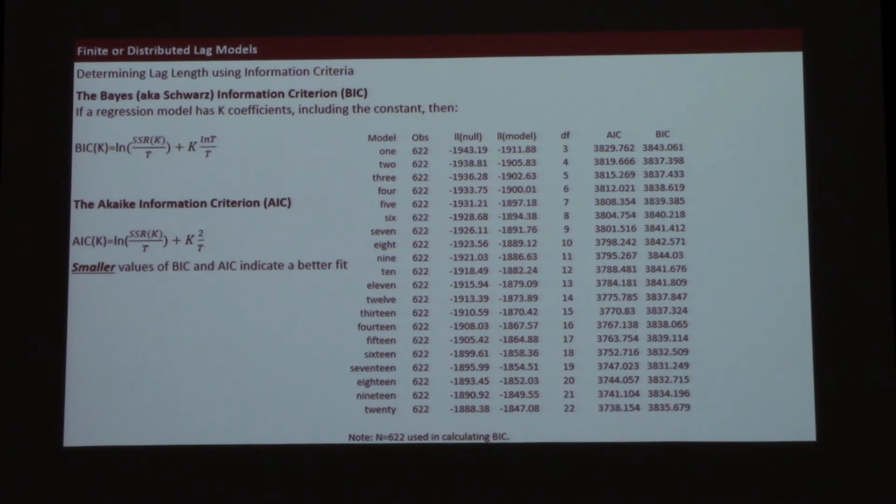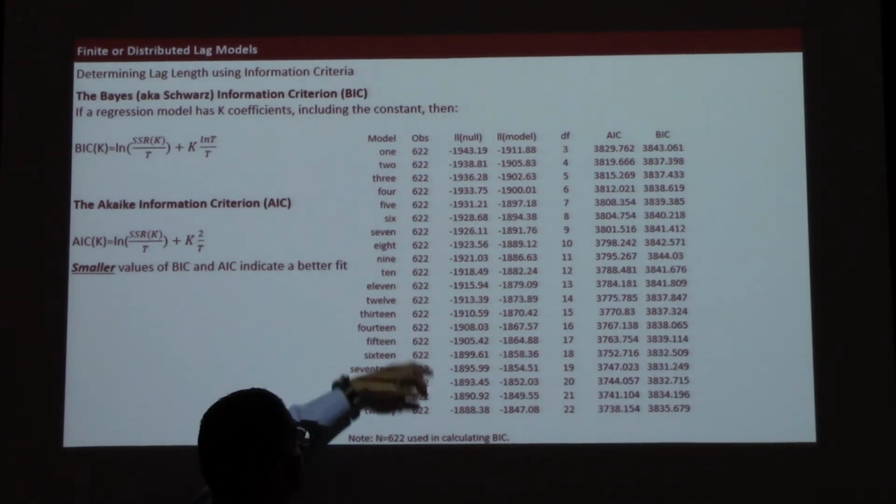And here is a table of information criteria. Notice the last two columns, the AIC and the BIC. Those are the Akaike and Bayesian information criteria. Remember I said that the sample size has to be the same for all of our models.